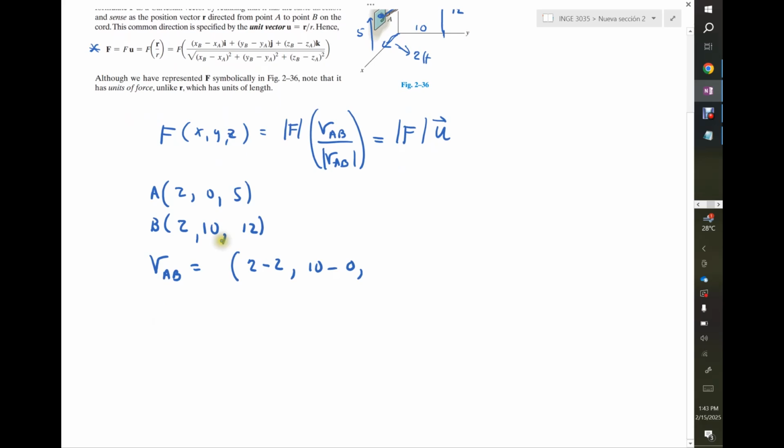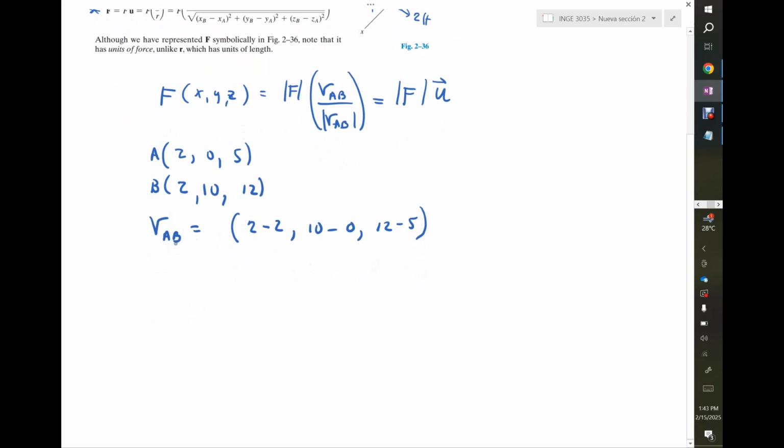Then on the Z it's going to be 12 minus 5. It's important to understand where we're moving. We are moving from A to B. So A is going to be on this side of this position vector, and B is the end of the point. So it's sort of like a delta.